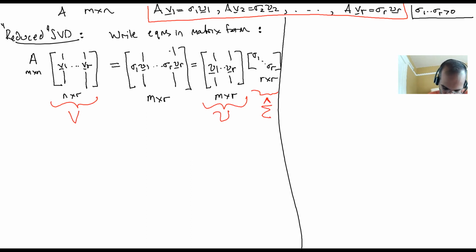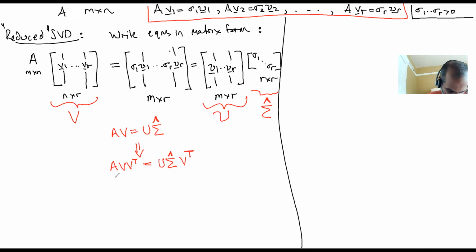So now I have a matrix equation, namely A V equals U sigma hat. And now I'm going to multiply both sides on the right by V transpose. So A V V transpose equals U sigma hat V transpose.